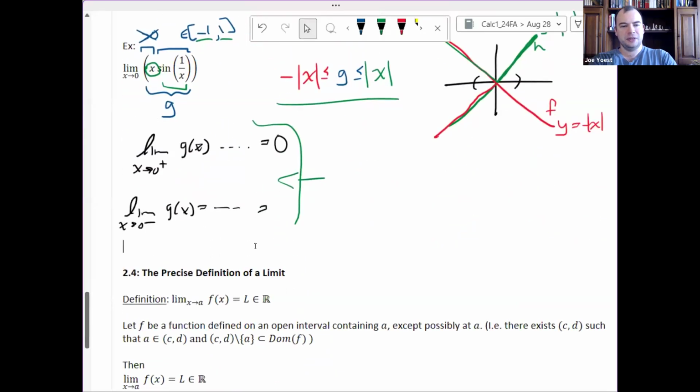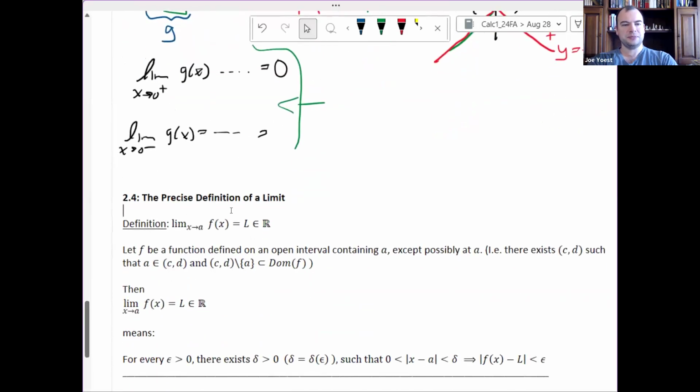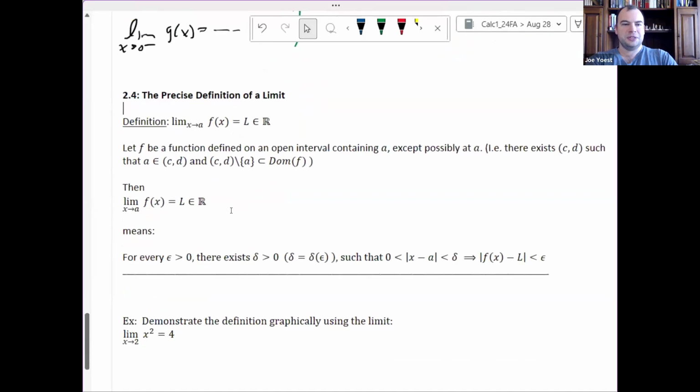Okay. If there are no questions on anything up to this point, we'll jump into the next section then, 2.4. All right, so the precise definition of a limit. Again, this is really kind of toeing the line of real analysis or theoretical calculus or advanced calculus.